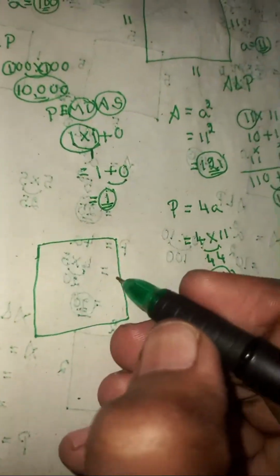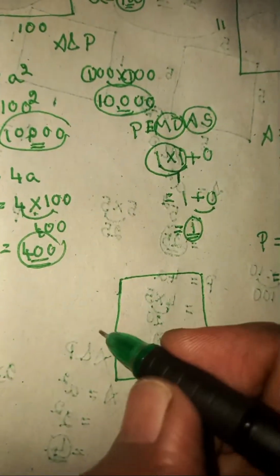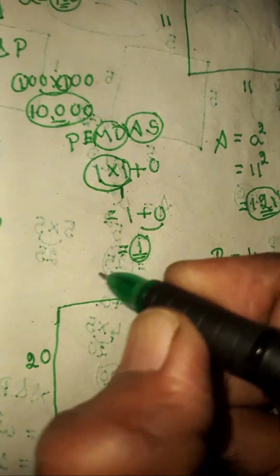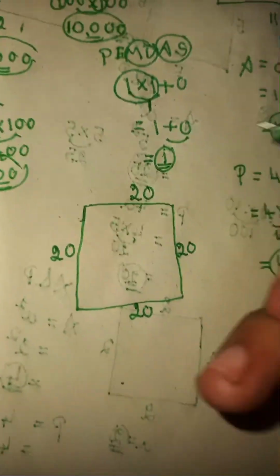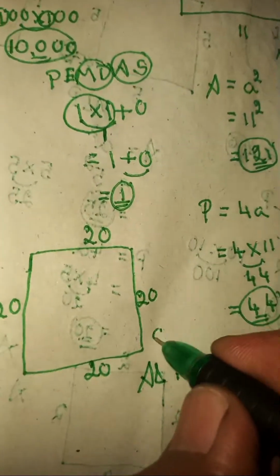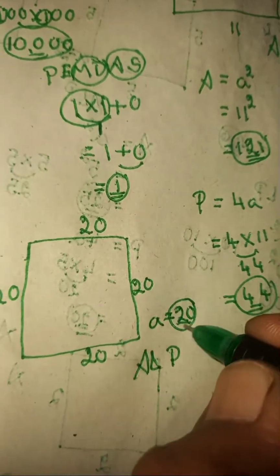Let's take this square. Here they have given all sides as 20 units. All sides are going to be 20 units here. You can find out the area and perimeter. Here side length equals 20 units.